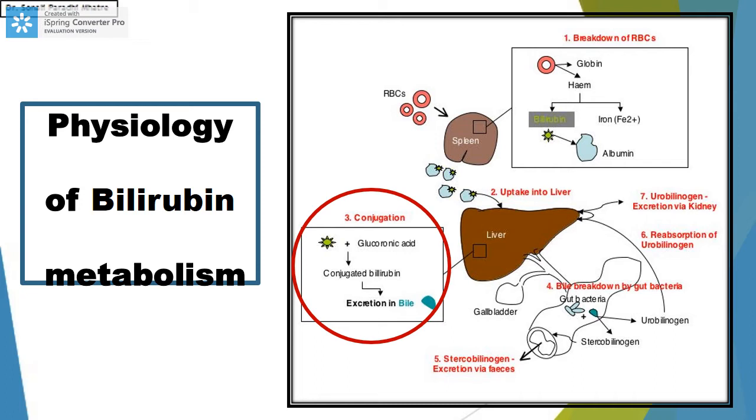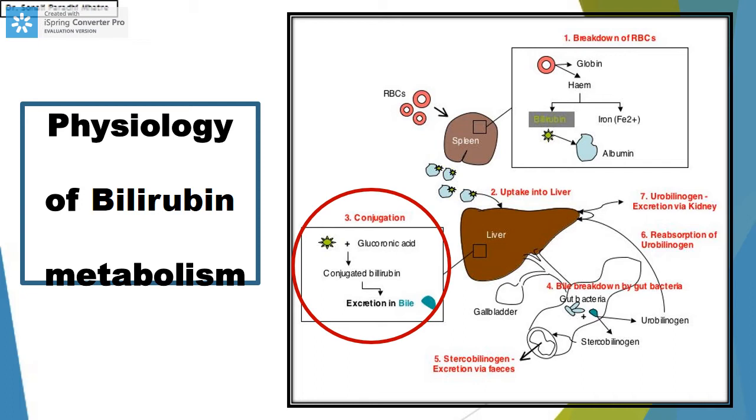The conjugated bilirubin is the water soluble form of bilirubin and it is excreted in bile. Anything going wrong with the conjugation process obviously will lead to a greater amount of unconjugated bilirubin, which is then released into circulation, and we have indirect jaundice.